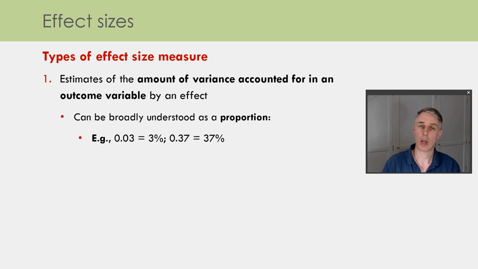An effect size of this type can broadly be understood as a proportion, or if you multiply it by 100, as a percentage. So an effect size of 0.03 indicates that 3% of the variance in an outcome variable can be accounted for by the effect of the variable that you're looking at. Or likewise, if the effect size is 0.37, 37% of the variance in the outcome variable is attributable to the variable that you're looking at.